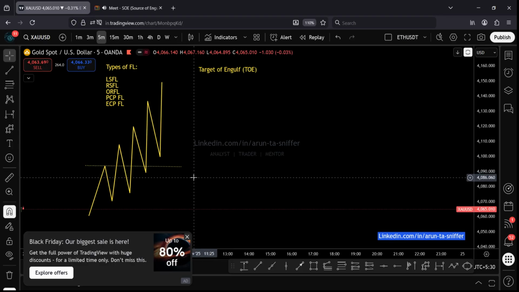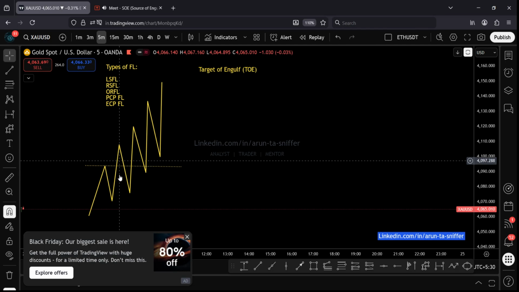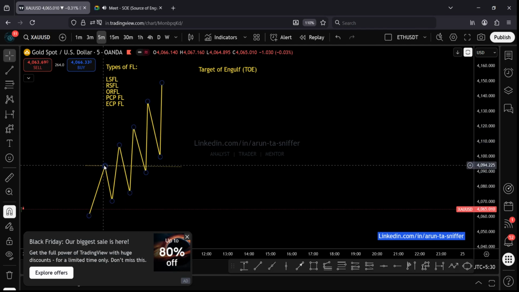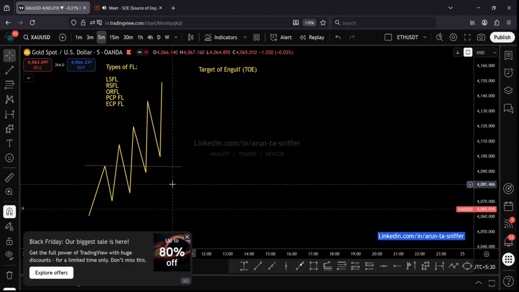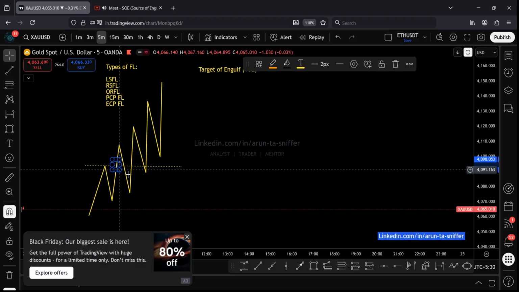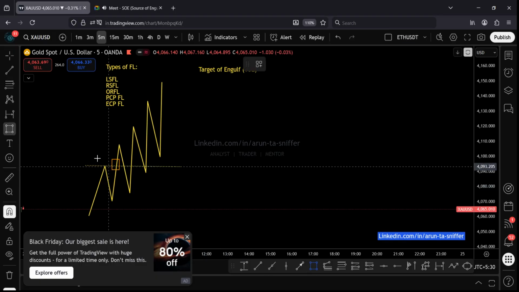When price goes up the second time, then what happens? Price will come back to this LS area. How will we find this zone here? We will use order swapping. When price goes up, there will be order swapping like this.